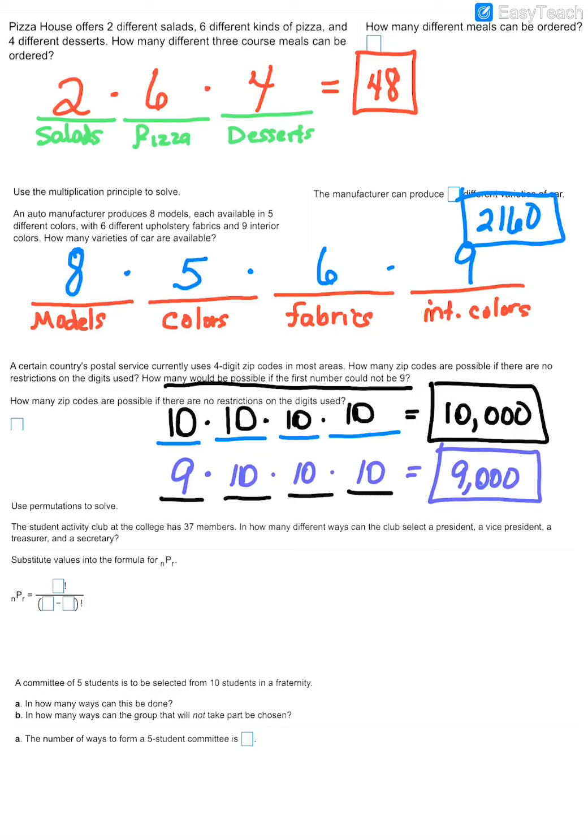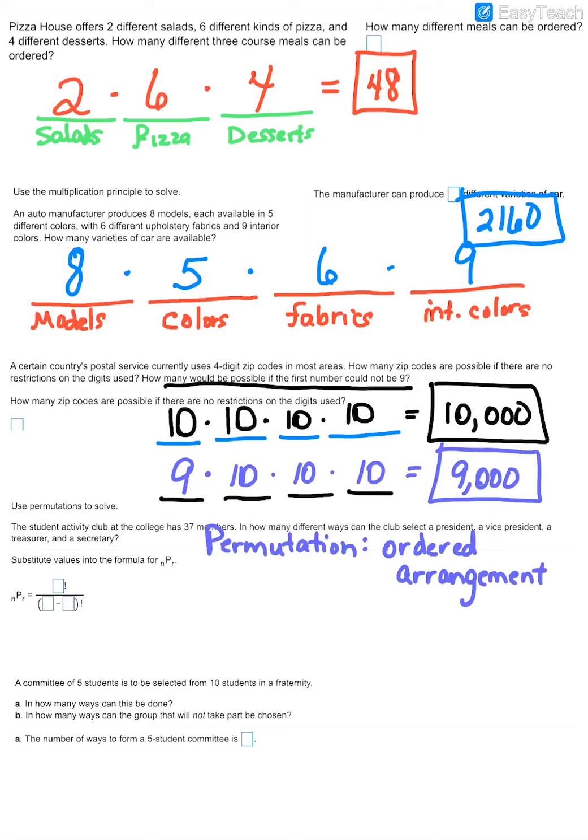In this next example, we get into something called a permutation. So a permutation refers to an ordered arrangement. So anything that puts things in order or gives them rank, such as, say, the office of president ranks higher than the office of vice president, etc., it's known as a permutation.